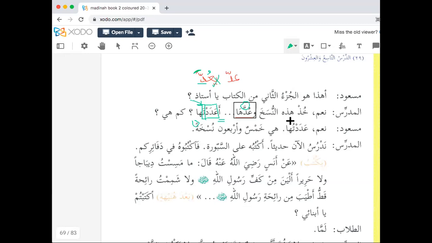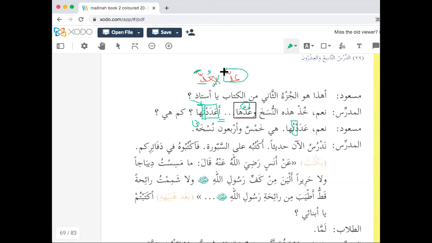Again, the damir over here is damir muttasil, damir of rafa', which is the fa'il. Yes, I counted them. So the two dals which were previously stuck together, joined with a shadda, as you can see in this example, separated when the damir came and was joined onto them. Naam, 'adadtuha, I counted them.